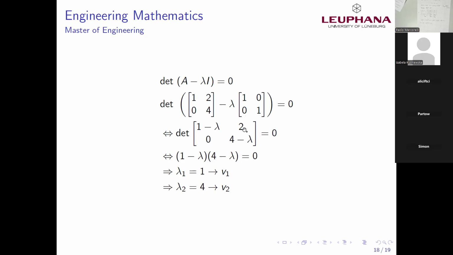Therefore, lambda multiplied by this matrix equals lambda 0, 0 lambda. Then the difference between two matrices is the difference of each corresponding element. This means the result is 1 minus lambda, first element, 2, and then in the second row, 0, 4 minus lambda.